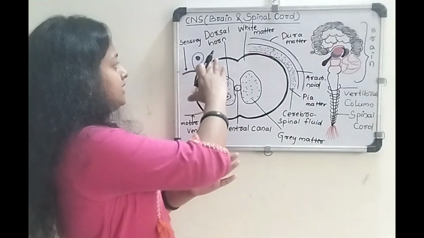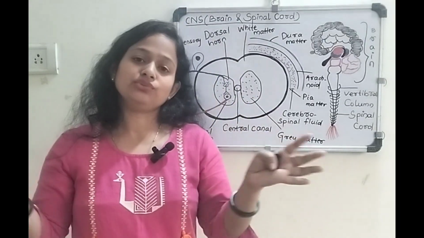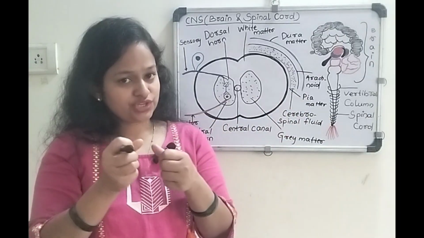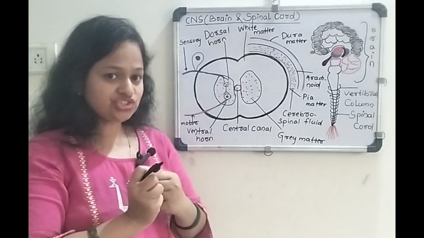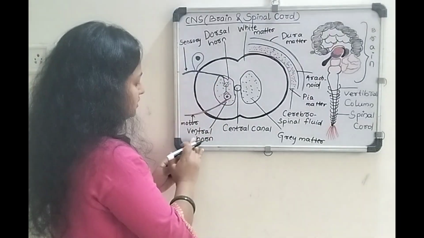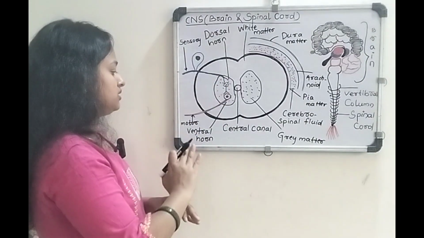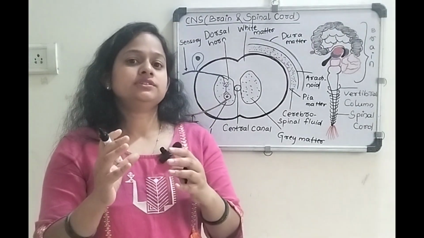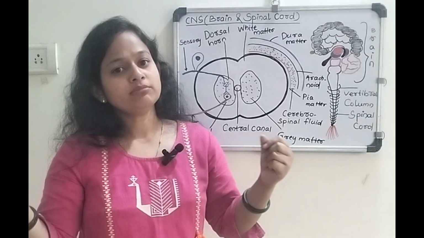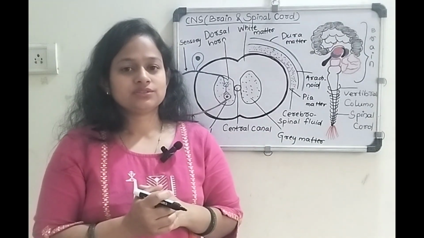In one way, in the dorsal horn, the sensory nerves carry the sensory impulses from different body parts to the spinal cord, and on the other side, the ventral horn, the motor neurons carry the response from the spinal cord to different parts of the body, and they show different types of actions.